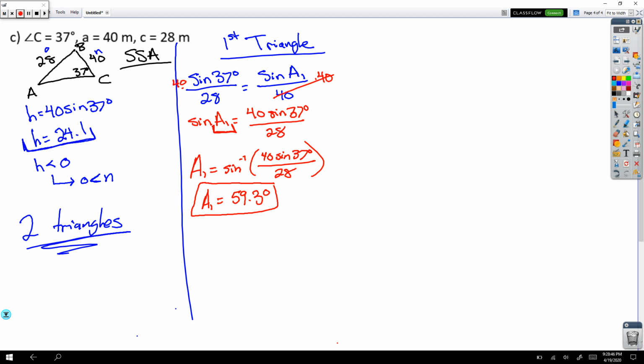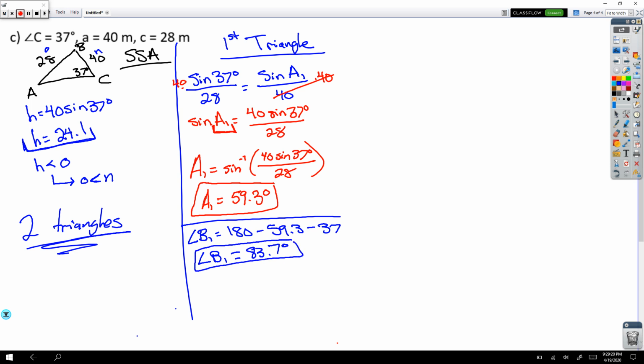Now, we can find B sub 1 since we have A and C. So let's go ahead and do that. So it all has to add up to 180. So the measure of B sub 1 would be 180 minus A sub 1, 59.3, minus C, 37. So B sub 1 would be 83.7 degrees.